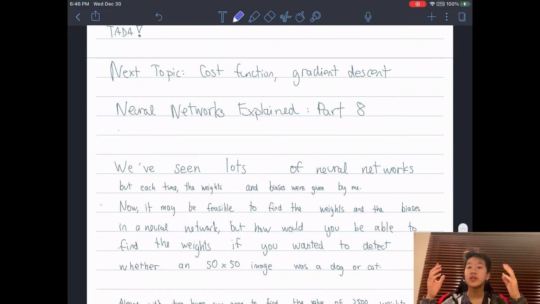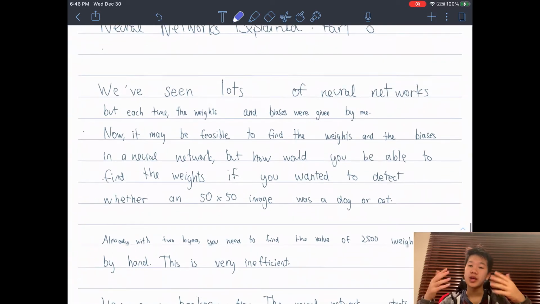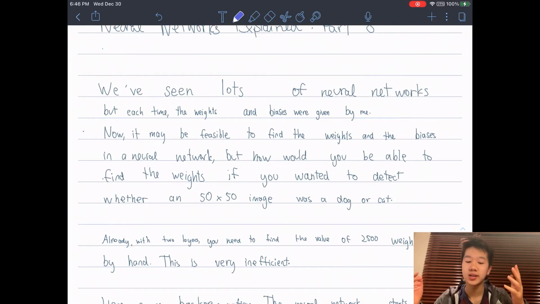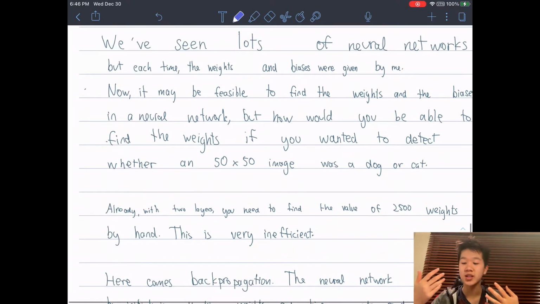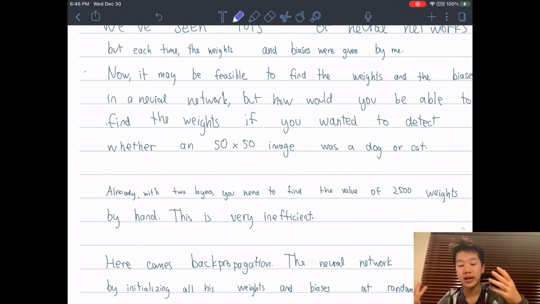We've seen lots of neural networks, but each time the weights and the biases were given by me. Now, you may think that it's feasible to find the weights and the biases by hand for small problems like the XOR, but it quickly becomes impossible when, for example, you want to detect whether a 50 by 50 image is a dog or a cat.